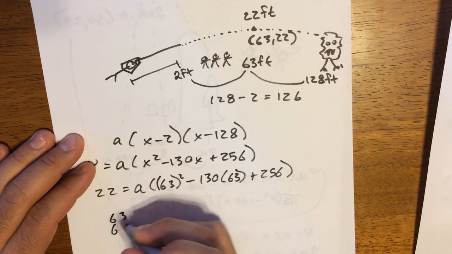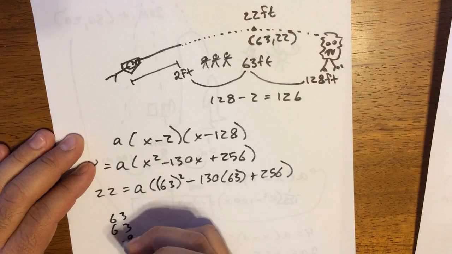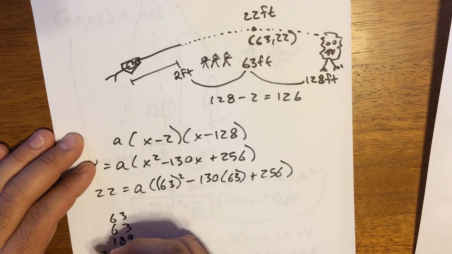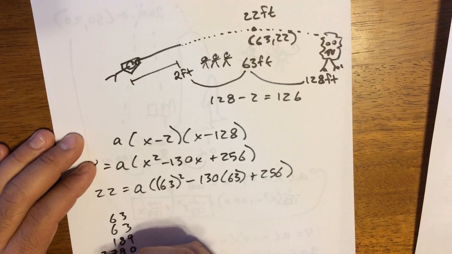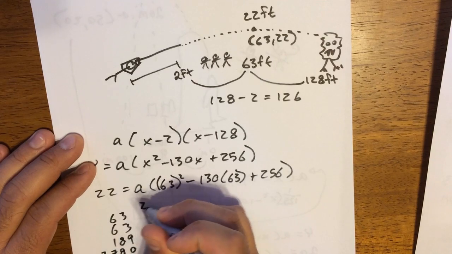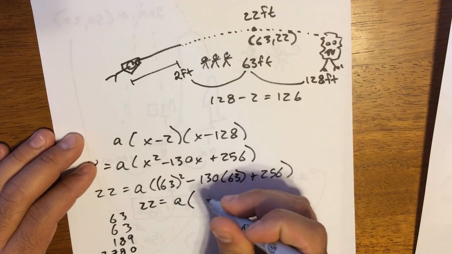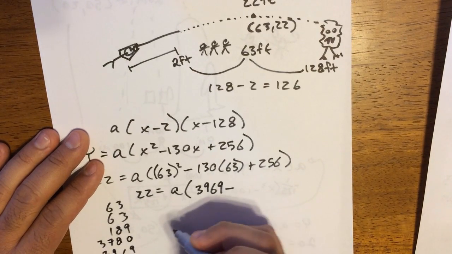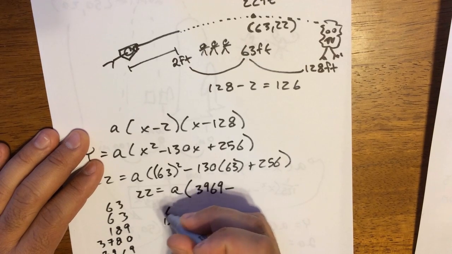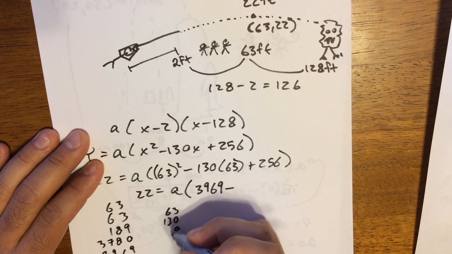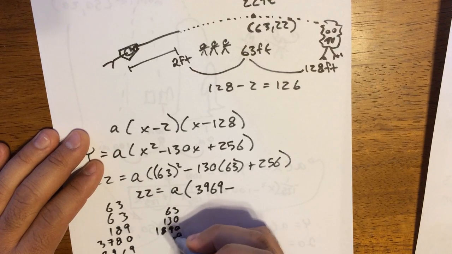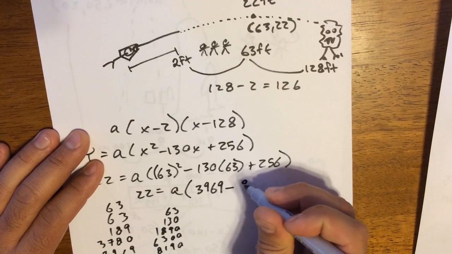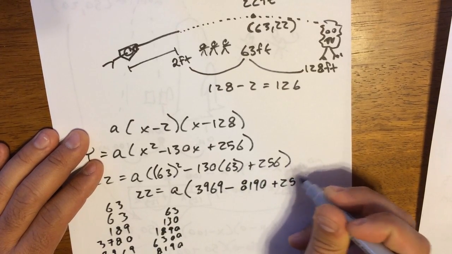So 63 squared, 22 equals a times 3,969 minus 63 times 130 plus 256.